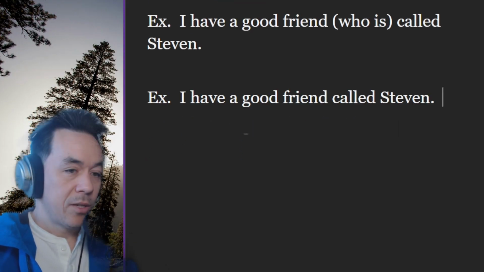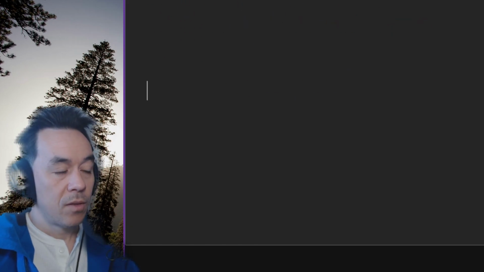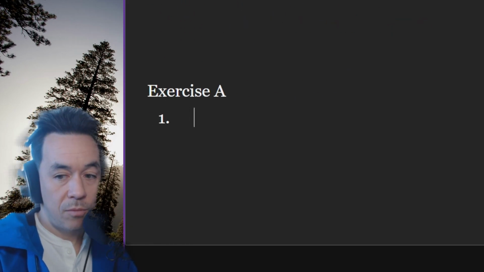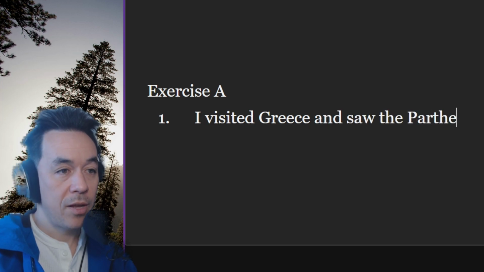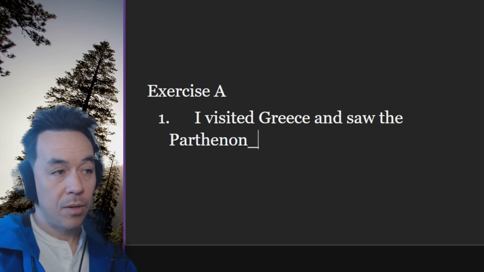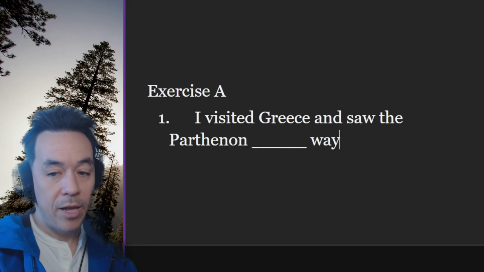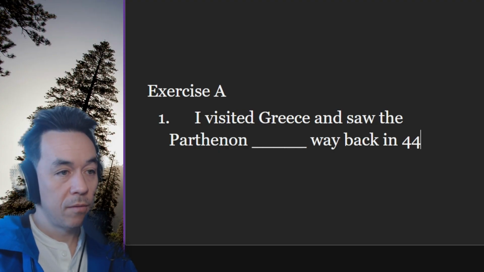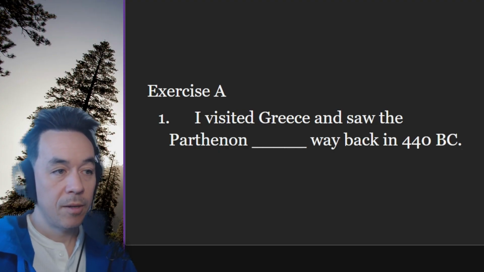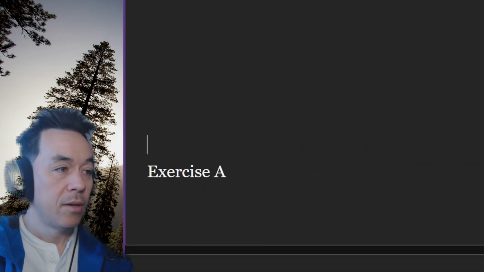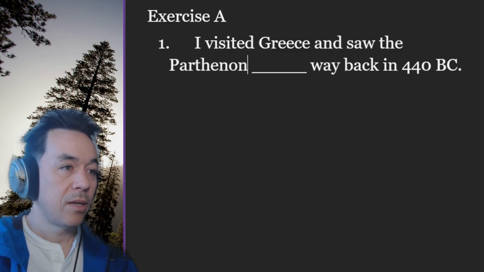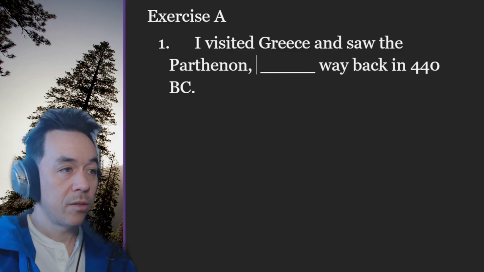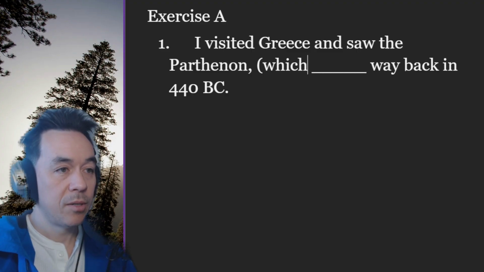So let's just do these exercises. Exercise A. So number 1, I visited Greece and saw the Parthenon, blah, blah, blah, way back in 440 BC. Okay, so let's stop and think about this. The Parthenon is a building, so that's the object.